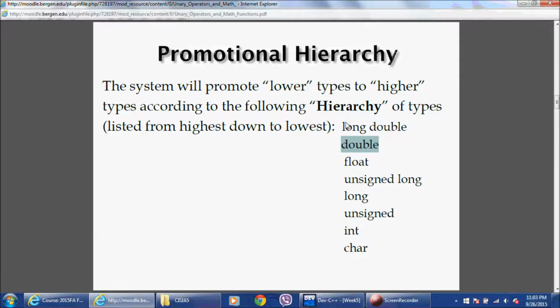Well, actually, long double rules. Double is probably second in command. What does that mean to you? Well, it means that if you mix the types with a double and an int in an expression, and you're guessing, well, what is the result going to be? The result is going to be a double.